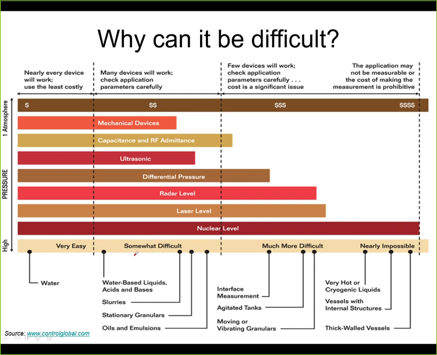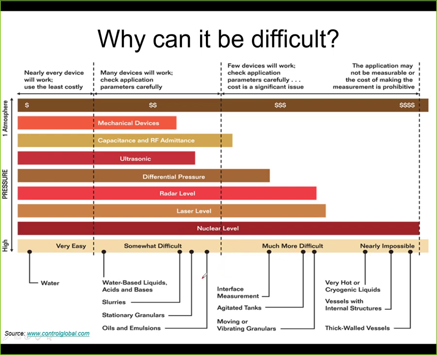So if we are talking about water that has even high pressure, then it's relatively easy to measure the liquid level. Here on the y-axis we have the pressure that we want to operate in. Here we see the groups of the different sensors. So if we want to do it with some mechanical device or capacitive sensor, ultrasound, radar, and so on and so on, it gets harder and harder.